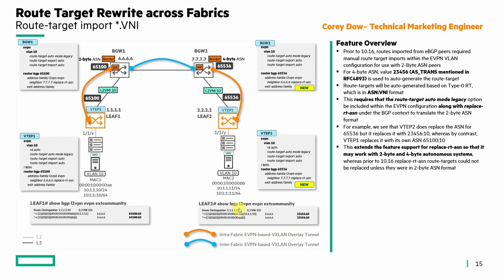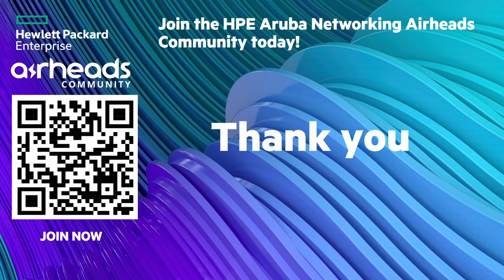And then on leaf 2, on the opposite side, you can see that the route target is imported as 23456:10, which is new by the standard, which allows that to be translated from what would originally be 65100 over to 23456, so that the 2-byte and the 4-byte formats can be used to import the route targets automatically.